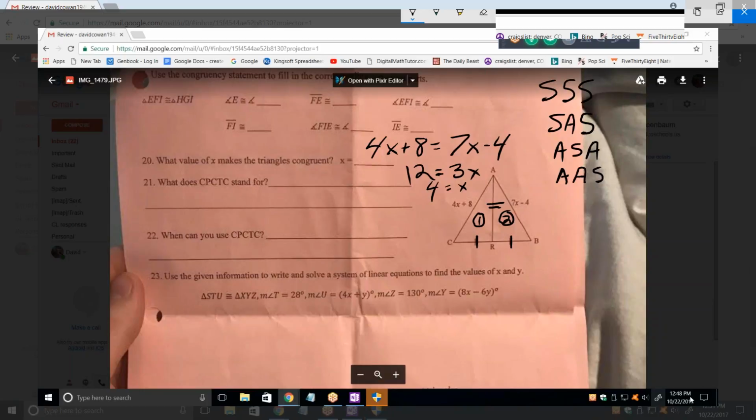Now, what does CPCTC stand for? It's congruent, perpendicular... It's corresponding parts of congruent triangles are congruent.